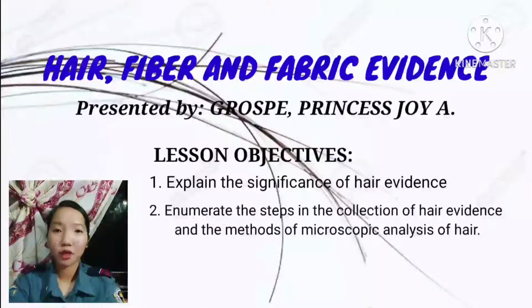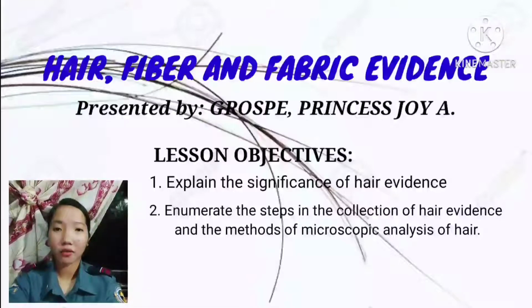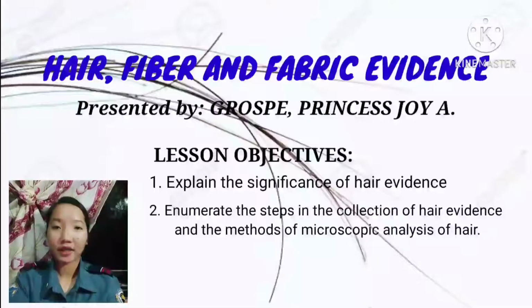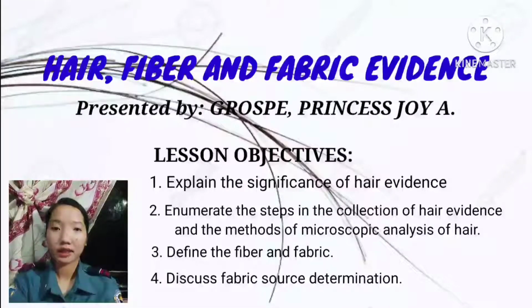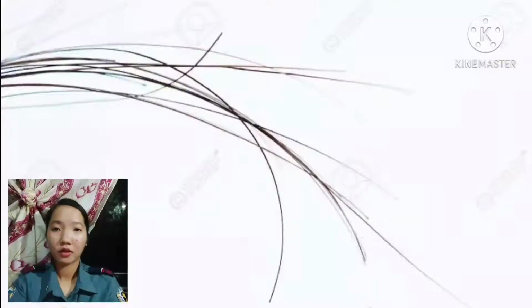Second is to enumerate the steps in collection of hair evidence and the methods of microscopic analysis of hair. Next is to define the fiber and fabric. Then last is to discuss fabric source determination.